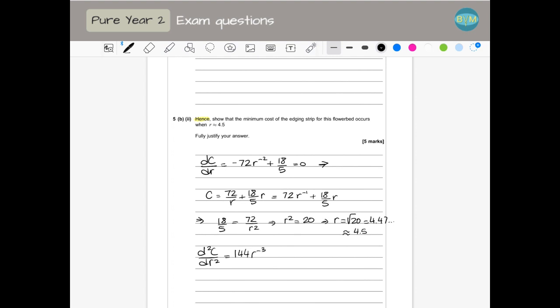And this is going to be always positive because r is a distance and is going to be positive. So if it's positive, that means this is going to be a minimum. And this is what we have to prove. And that's all with this question.